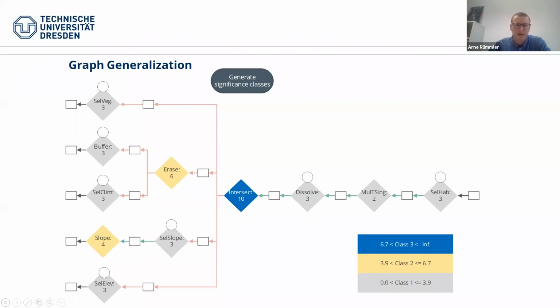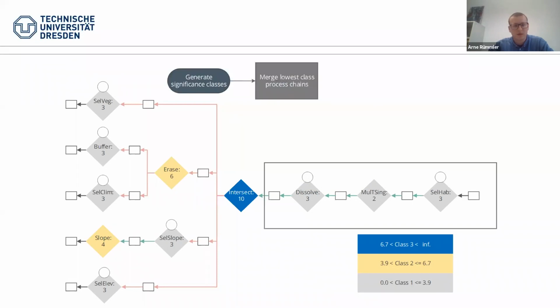After we assign those classes, we start merging our processes. The first step is that we search for chains of processes that belong to the same class. In this case, we would find dissolve, multipart to single part, and select habitat, which are all class 1 processes, and they come after each other.